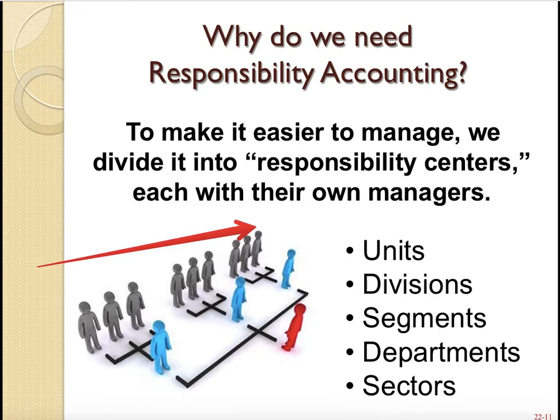Okay, now there are different terms that can be used for these pieces of the business, okay? And every company calls them something different, okay? So some companies may call them units. Some may call them divisions. Some may call them segments. Again, that term segment, right? A piece of the whole. Some may call them departments.